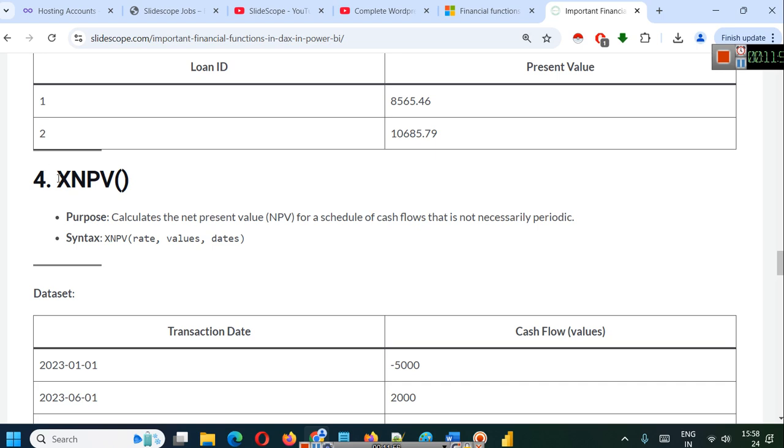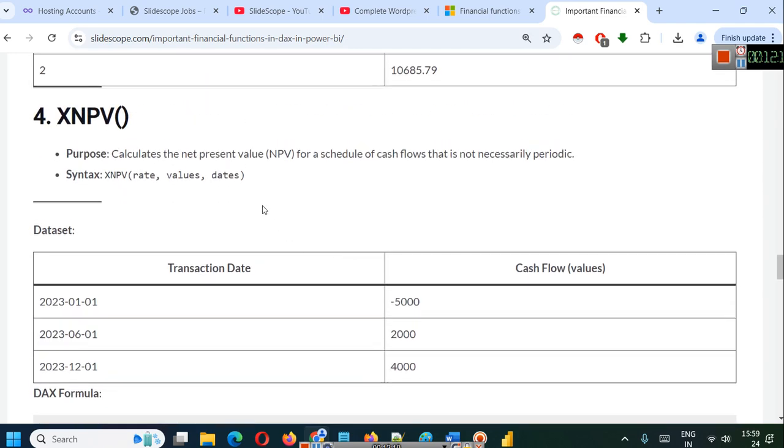Similarly, we have XNPV. It calculates the net present value for a schedule of cash flows that is not necessarily periodic. Earlier, every payment was periodic, and this is net present value. So here you write rate, values, and dates. For example, transaction date will be different.